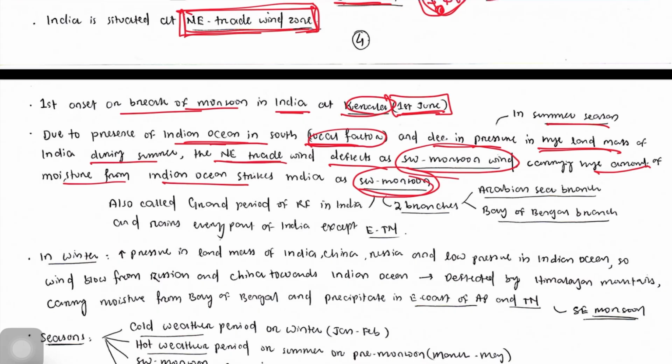So if we look at the India map, suppose this is India. This is situated at northeast trade wind. Why northeast trade wind? Because the wind blows from the high pressure belt, that is 30 to 35 degree north. So towards the equator it will blow from northeast.